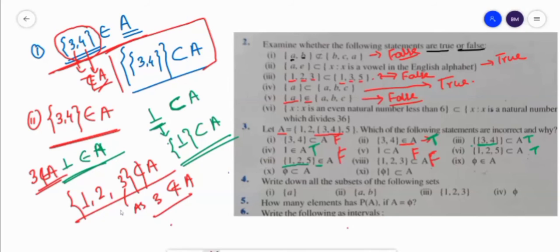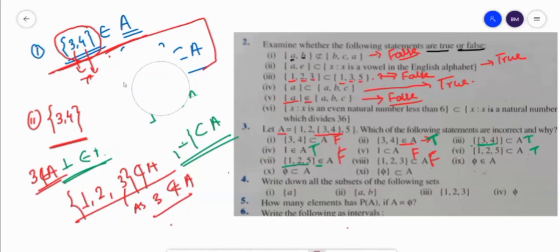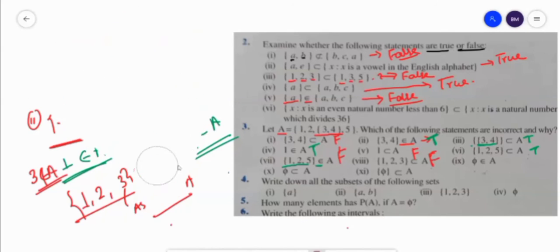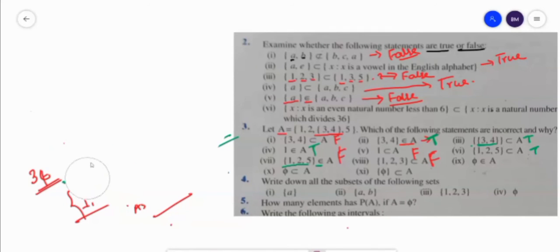Now number 9, phi belongs to A. Phi is the empty set. The empty set is always a subset of A. The empty set is not an element of this set.